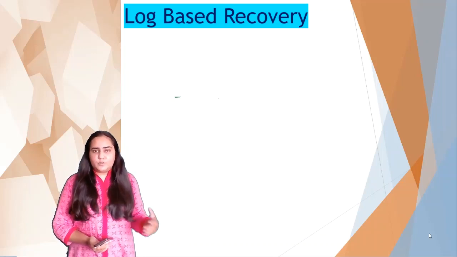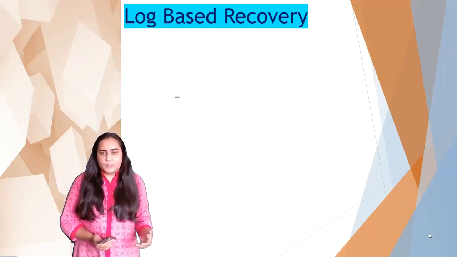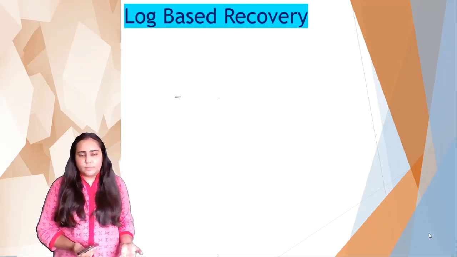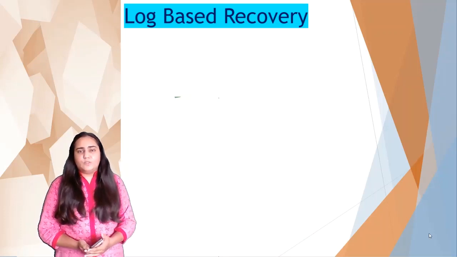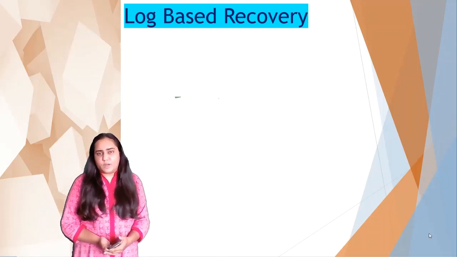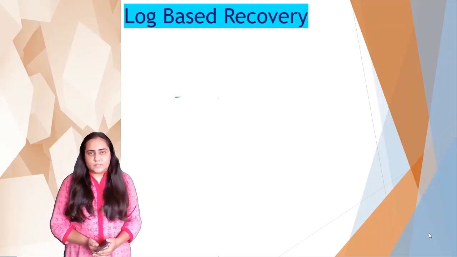And then all such pages are kept in the main memory and updated. So it becomes very difficult to track which changes were actually made. So that's why the most used system of recovery is log-based recovery, which is used in most of the databases.